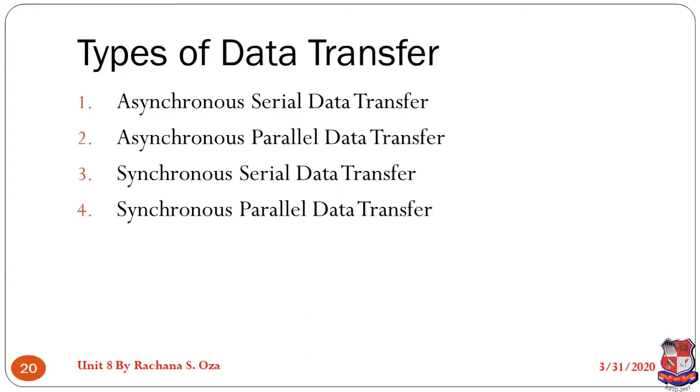Similarly, data can be transferred in a parallel manner, where all the beats are transferred in parallel. Similarly, synchronous data transfer is divided into two further categories: serial data transfer and parallel data transfer. I hope the basics of serial data transfer and parallel data transfer are clearer to you. Let us go ahead.